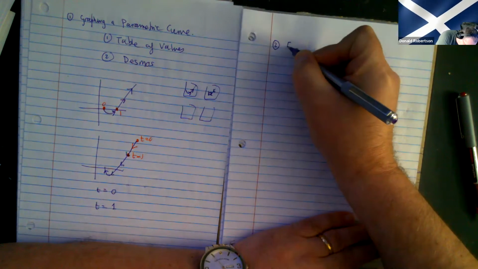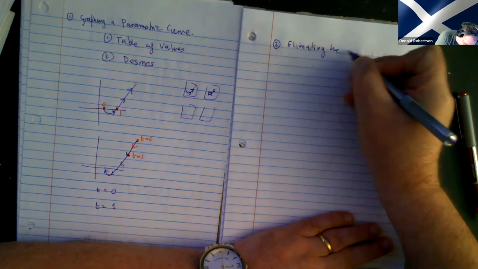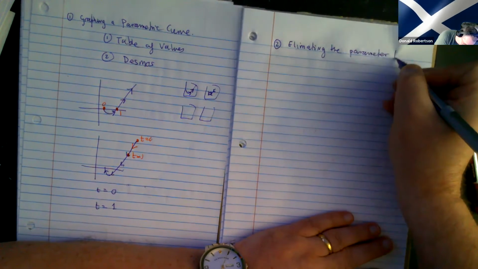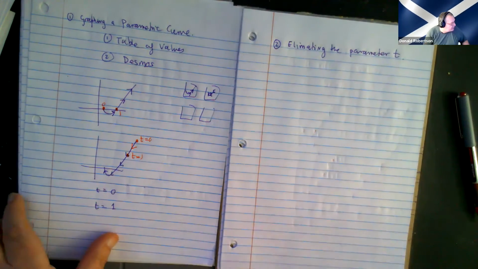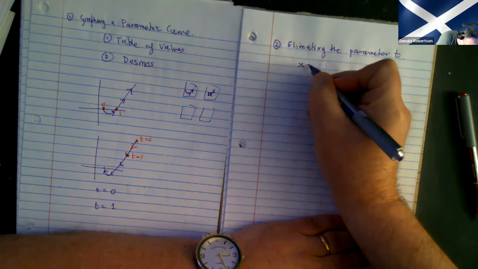Second thing is you're going to do some algebra, and that is a process called eliminating the parameter t. So you've drawn the thing, you've picked the right picture, and now your job is to eliminate the parameter t.